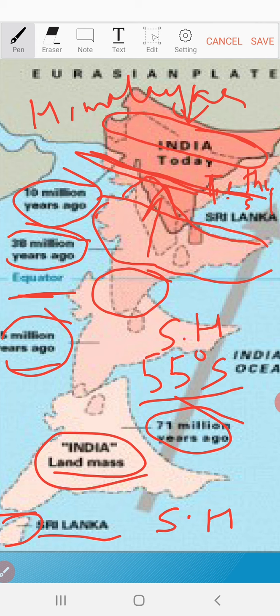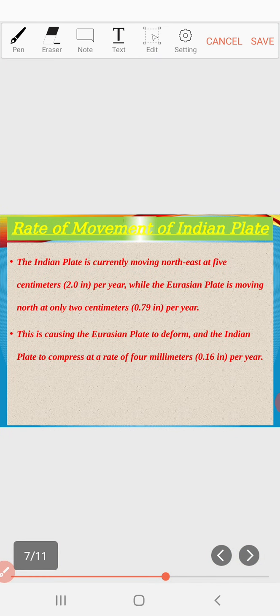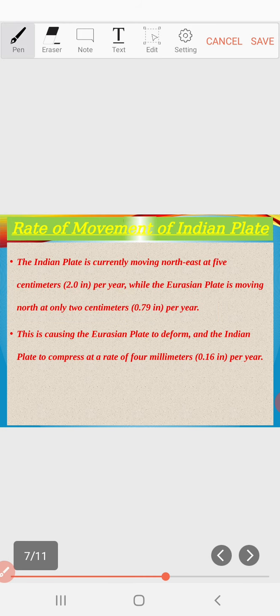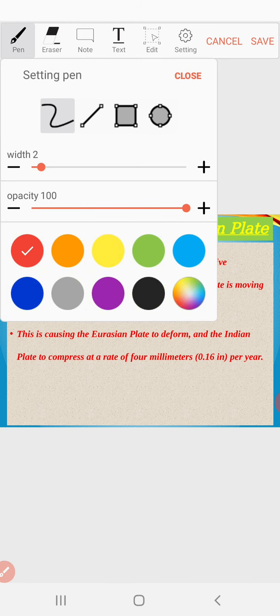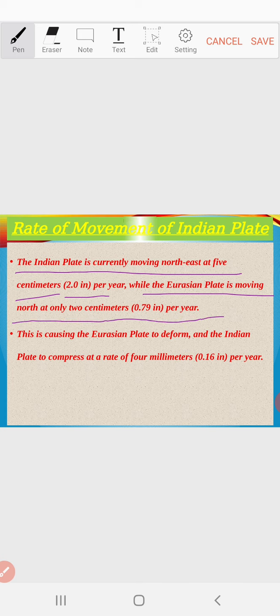So, now let us look into the features of the peninsular block, and then I will proceed with the next part. Now, let me proceed with the rate of the movement and at what rate the Himalayas are increasing their height. The Indian plate is moving towards the northeast at 5 centimeters or 2 inches per year, while the Eurasian plate is moving north at only 2 centimeters per year.